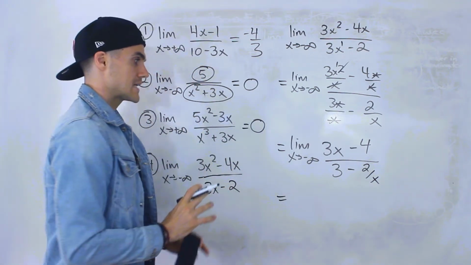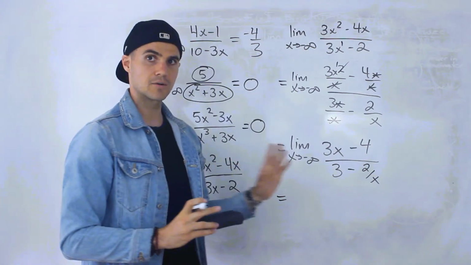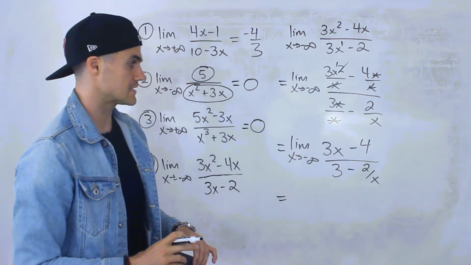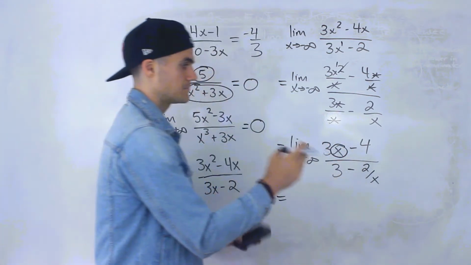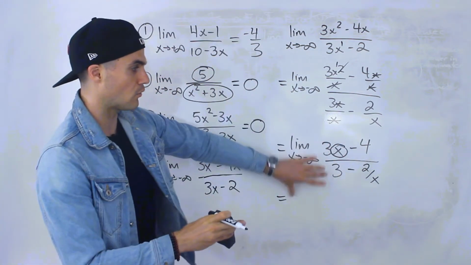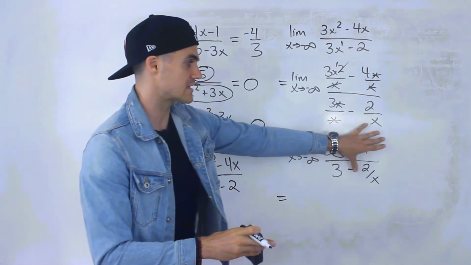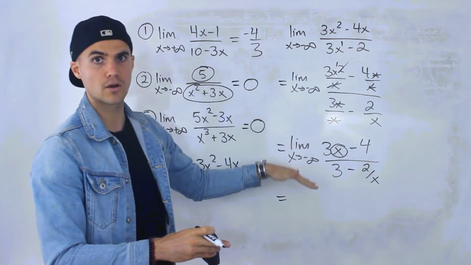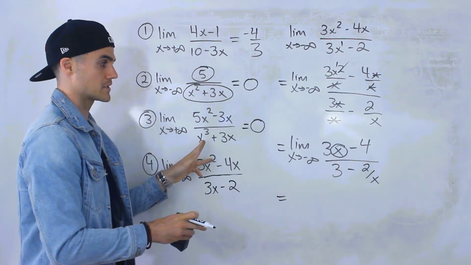Now notice that this limit here is a little bit different, and the reason is because we have this x up top. So it's not like 3 over x, it's 3x. So not everything is in the format of a constant over x, or just a constant itself like it was for the other limits.